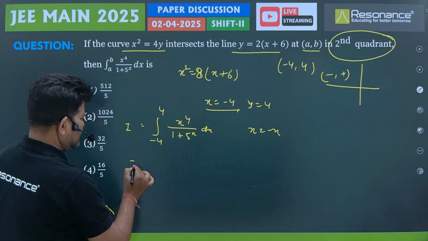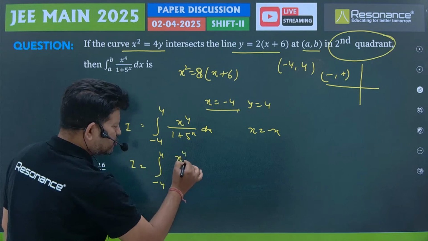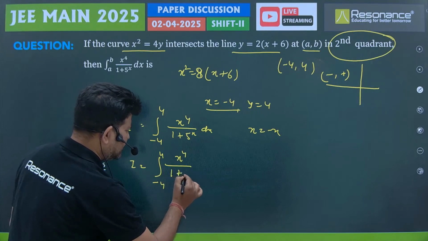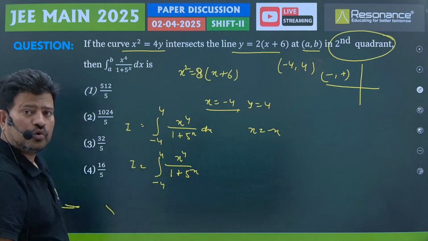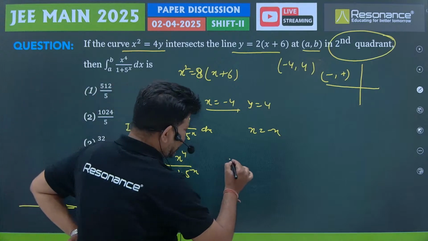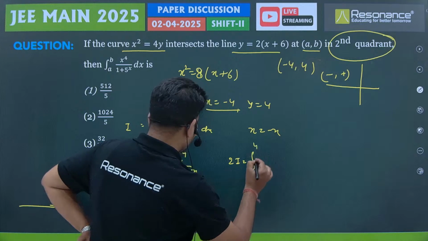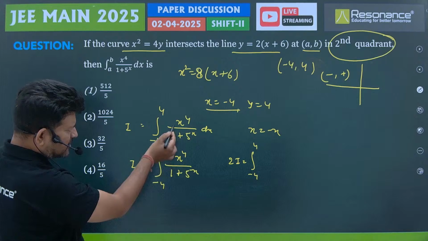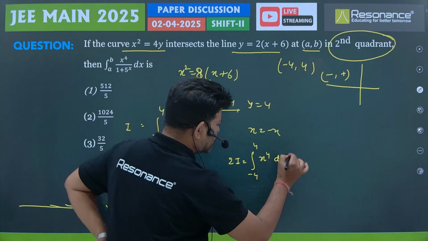So this is equal to the integral from minus 4 to 4 of x to the power 4, an even number, so it does not impact anything, 5 to the power minus x. Now we add both of these. If we add both, we get 2I equal to the integral from minus 4 to 4. Just see, we can take the LCM 1 by 5x and add both, so we get x to the power 4 dx.